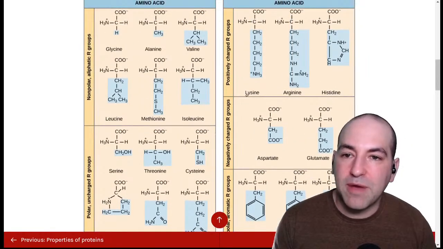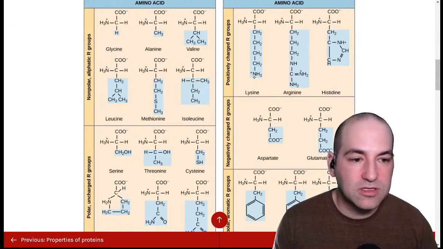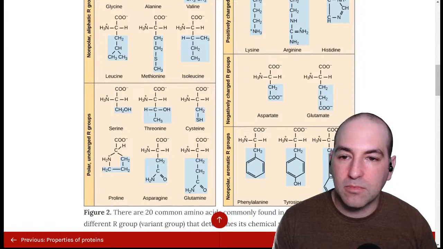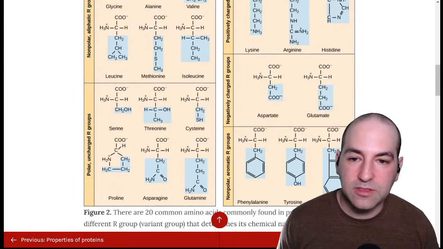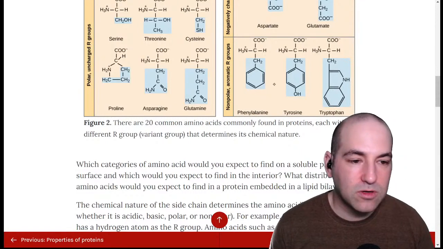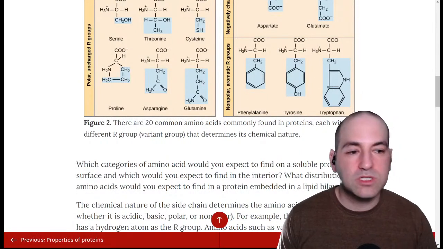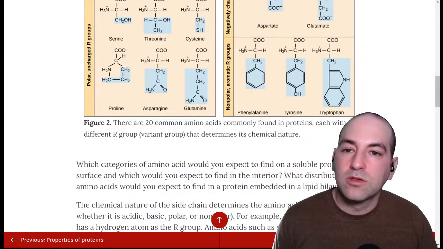You can have positively charged side chains, so there's little pluses on the nitrogens in these over here, as well as some negatively charged ones. And then you can have these big, what are called aromatic groups, these alternating double bond rings, which make them predominantly nonpolar as well. So those are different side chains.